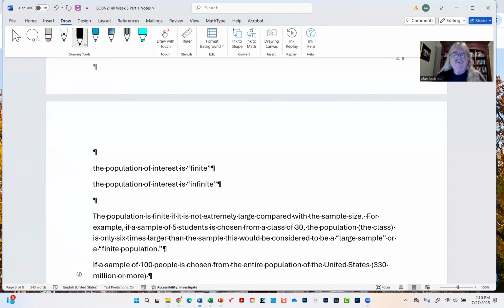So this would be an example of a small sample or an infinite population. Infinite meaning relative to the sample size. It's not literally infinite. It means infinitely large, very large compared to the underlying sample. So that would make it an infinite population.